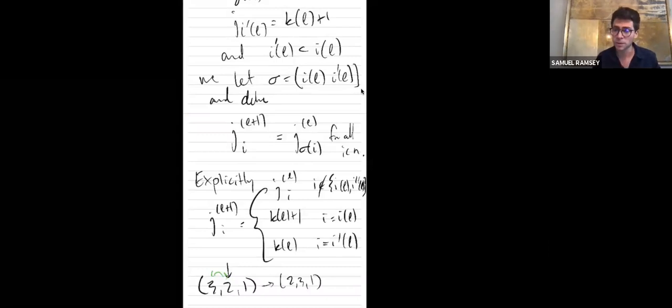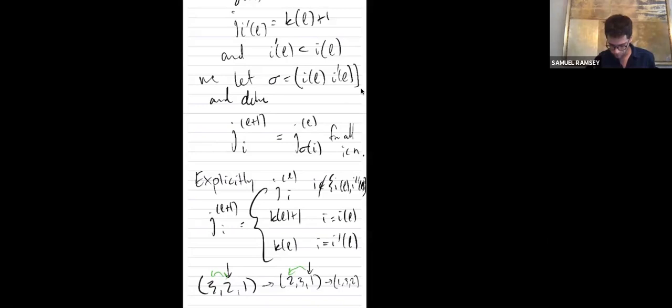Now I say, okay, what's the first place that I see a number that comes after that number plus 1? That's going to be 1. And I swap it with that number plus 1. So now I look at this one, and these swap. So this becomes 1, 3, 2.